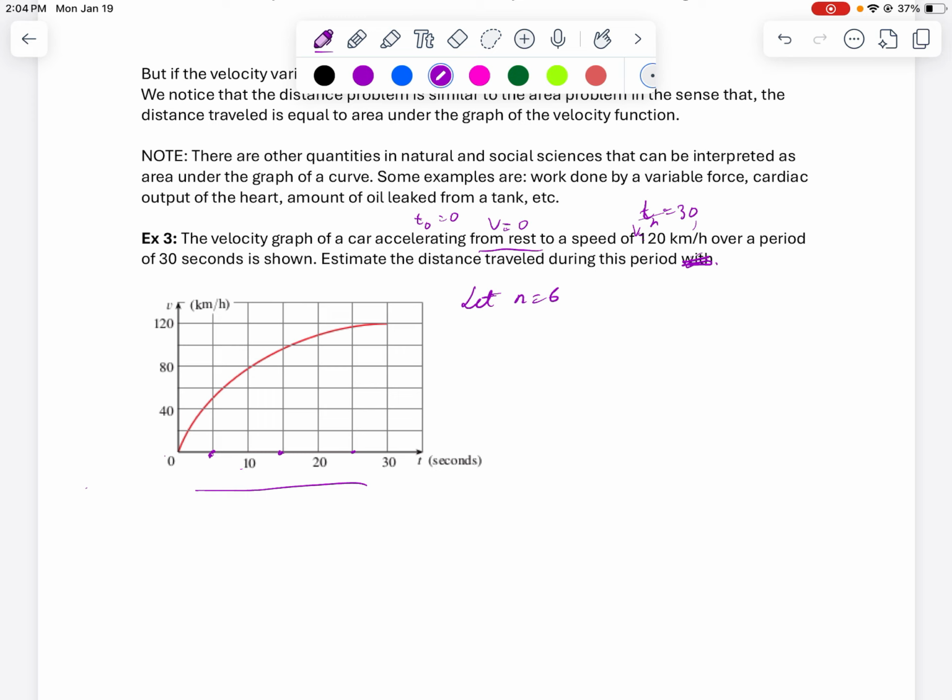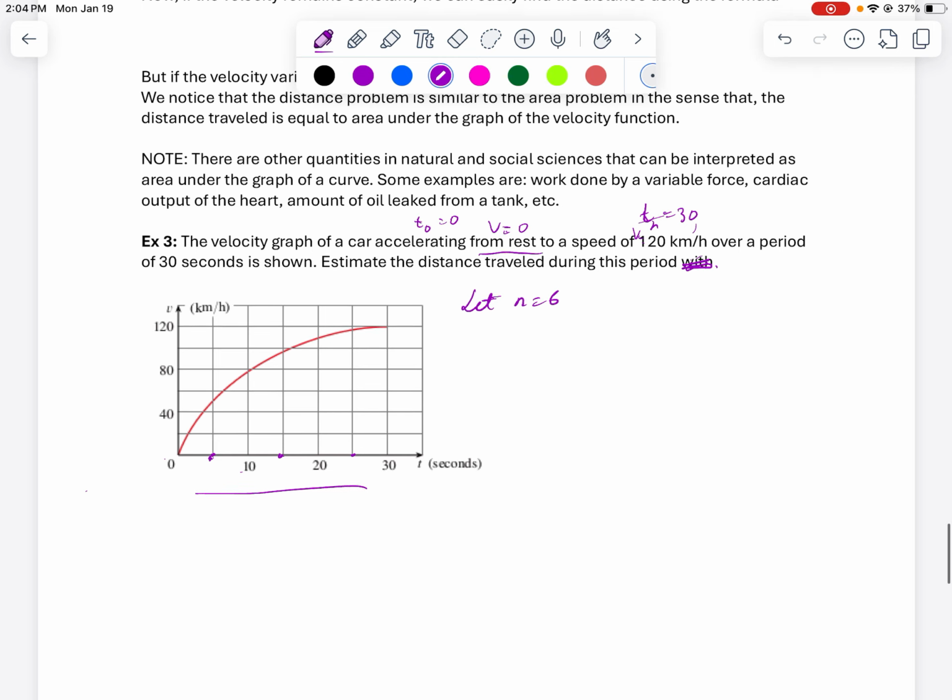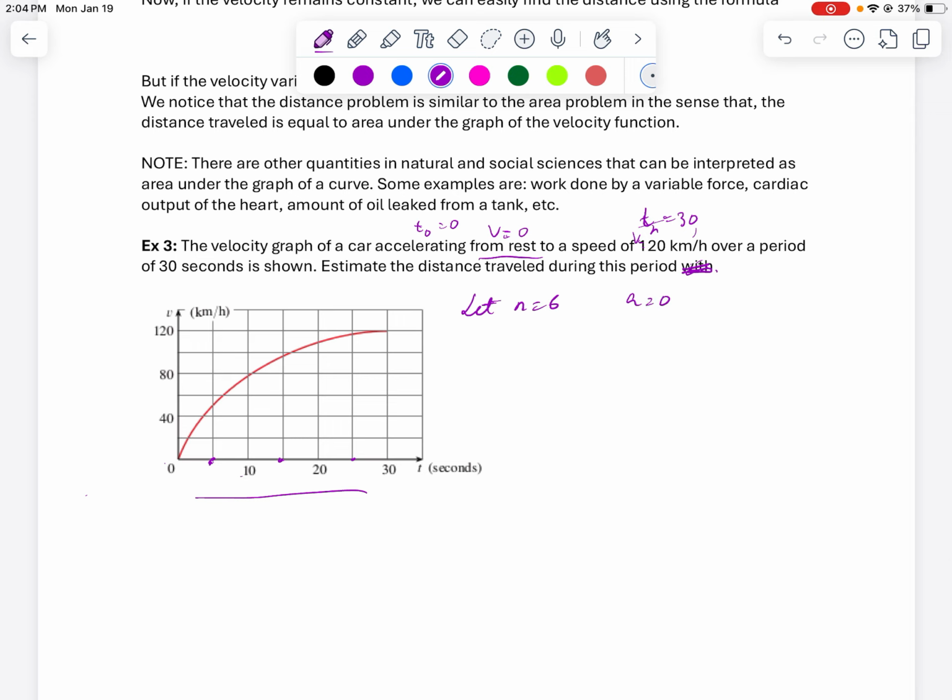We have to be a little bit careful here. Let's first do this. b is equal to 30 and a is equal to 0 means delta t will be equal to b minus a over n. So it will be equal to 30 minus 0 over 6, or 30 over 6, or 5. 5 what? 5 seconds.